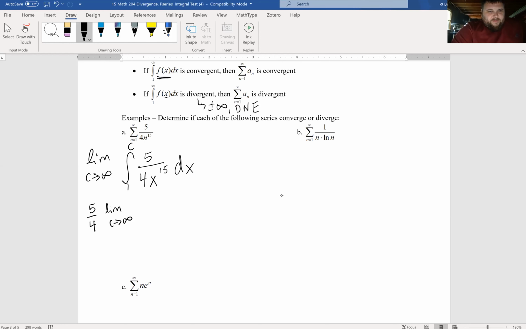So 5/4 comes out in front. Limit, we still have the integral from 1 to c, and I'm going to rewrite that as x to the minus 15 dx. So the integral of x to the minus 15: we add 1 to the power, it becomes minus 14, and then you divide by that number.